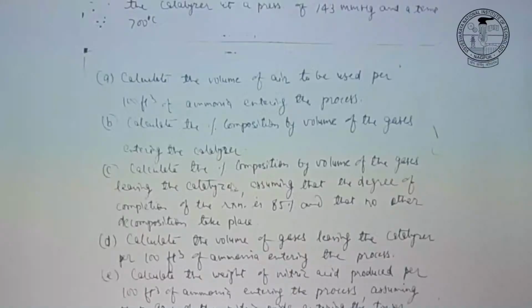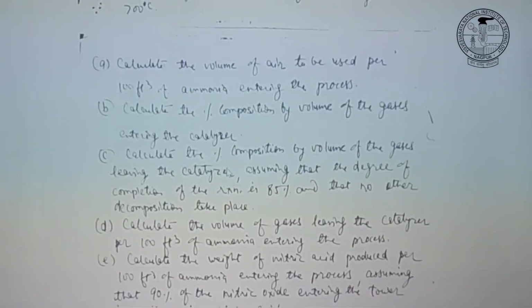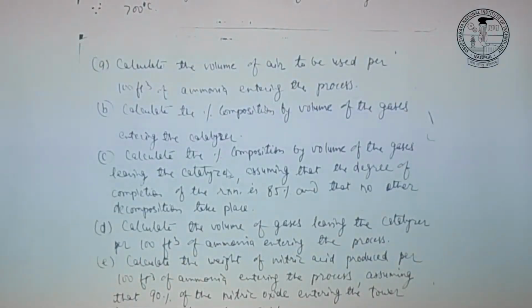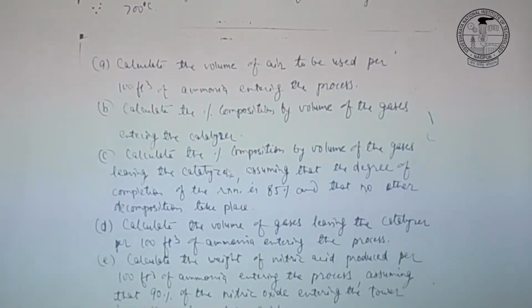What will be the volume of air to be used? That is to be calculated. Then part B, calculate the percentage composition by volume of the gases entering the catalyzer, right? So to the catalyzer, what composition of gases will be entering, that we need to calculate.